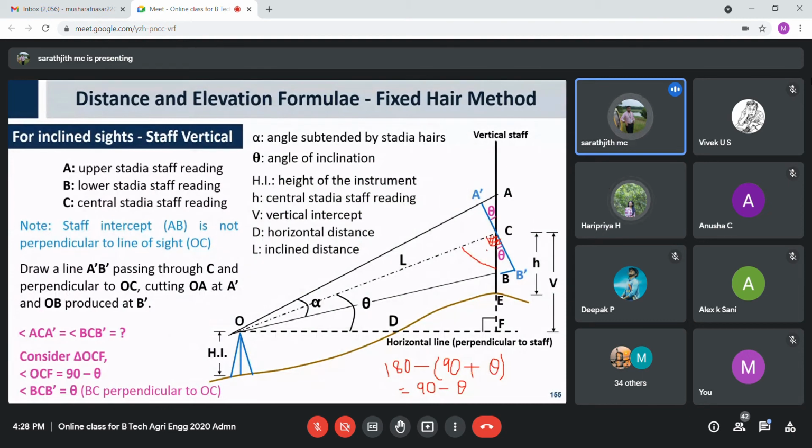Are you clear? So if this is theta, then the opposite angle A C A dash will also be theta.